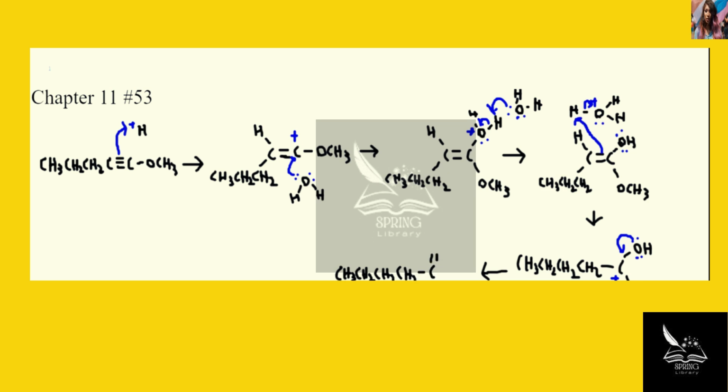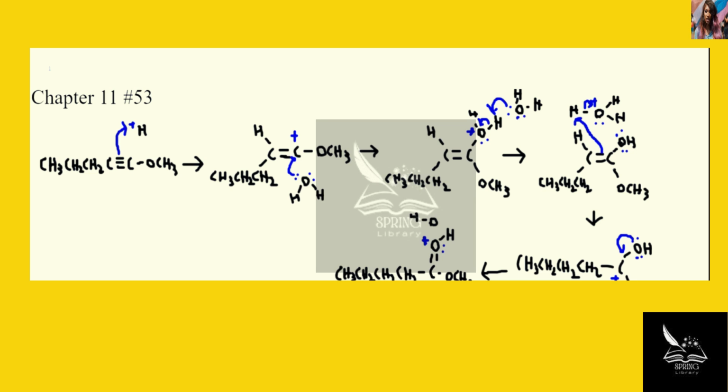So now we are starting to resemble the methyl ester here. In fact, the only thing that has to happen is a deprotonation. This oxygen is only going to have one lone pair, and it's going to have a positive charge on it. But we have water floating around.